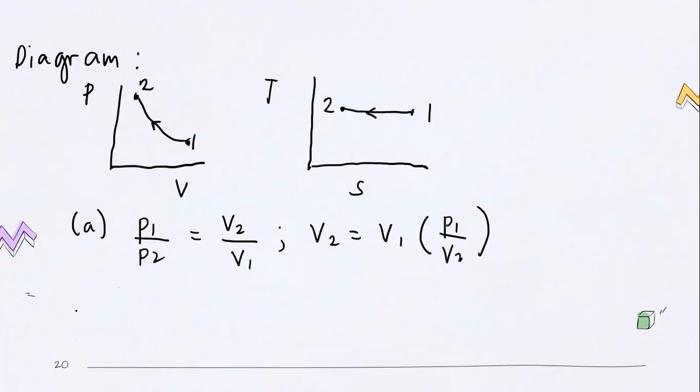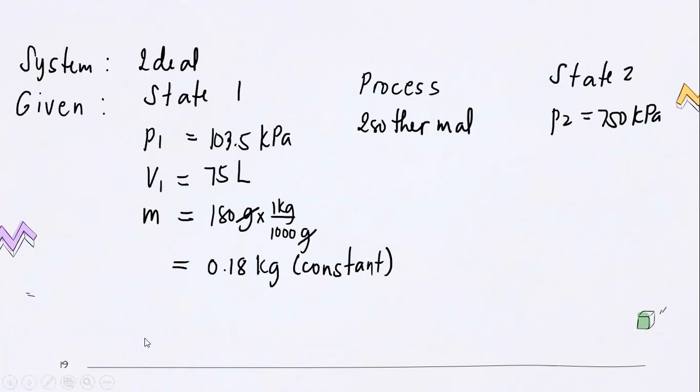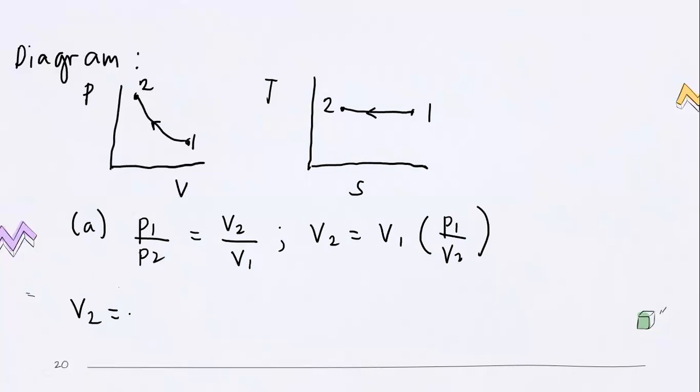Okay, therefore, your V2 now is equal to V1, which is 75 liters. Convert 1 cubic meter is equal to 1,000 liters, times P1 over P2.